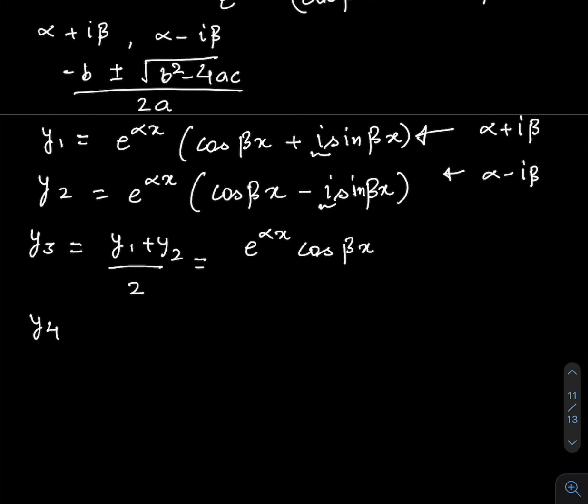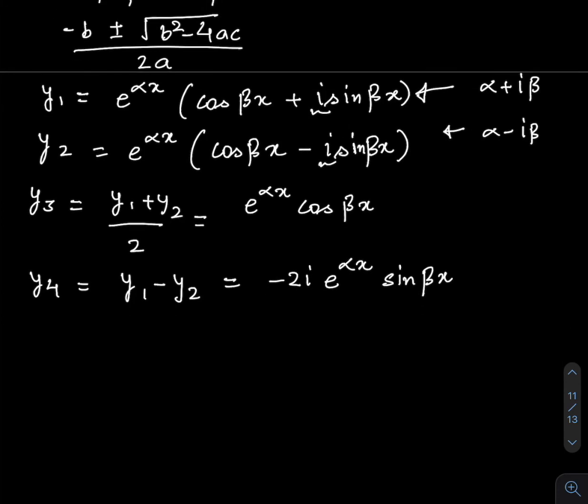And if we subtract these two, we will get negative 2i e^(alpha x) sine beta x. So let's divide by negative 2i.